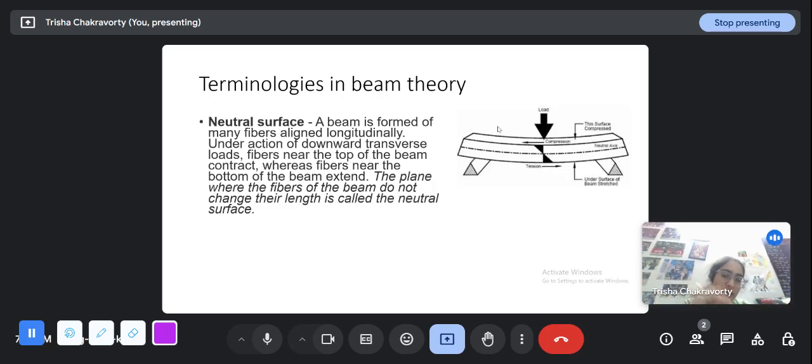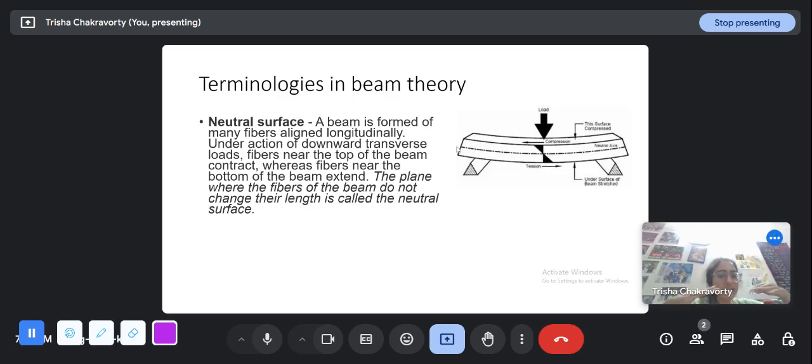So there will be a profile of elongation and shortening along the beam. Somewhere in the middle, there will be a level where there is neither elongation nor shortening. This is called the neutral axis of the beam. Since the beam is a three-dimensional body, we idealize it as a one-dimensional body. We ignore the cross-sectional area while calculating the bending moment or the deflection, but it has a cross-sectional area.